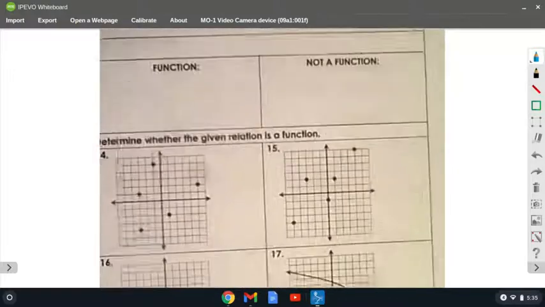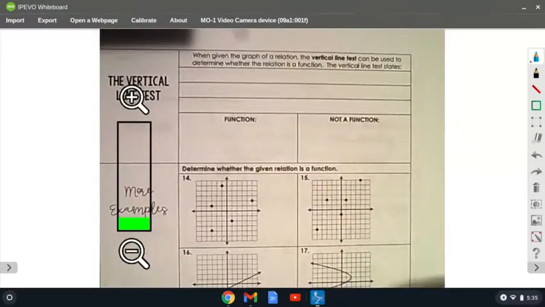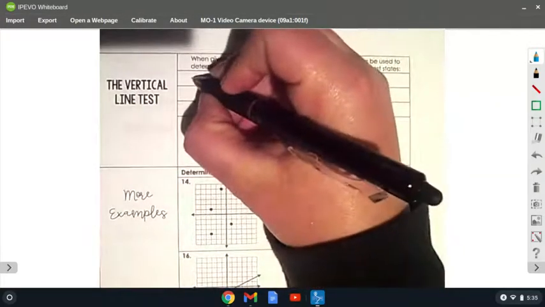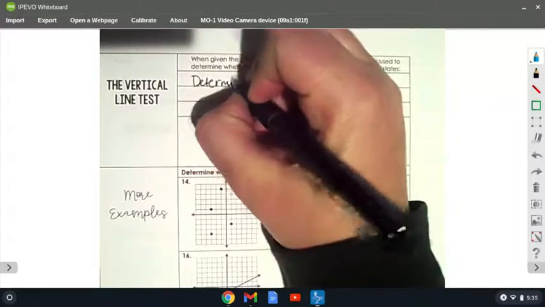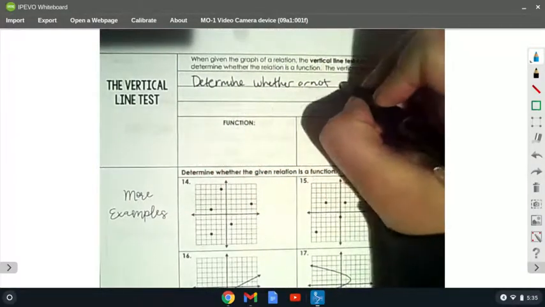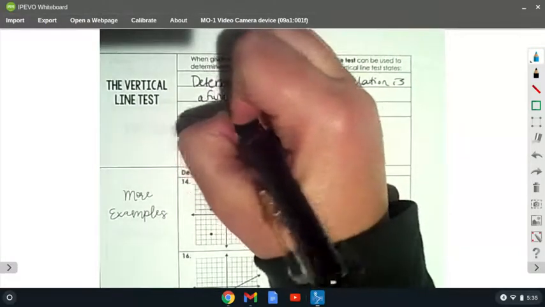On my next page here, I'm just reviewing what the vertical line test is. When we're looking at a vertical line test, it helps us determine whether or not a relation is a function.